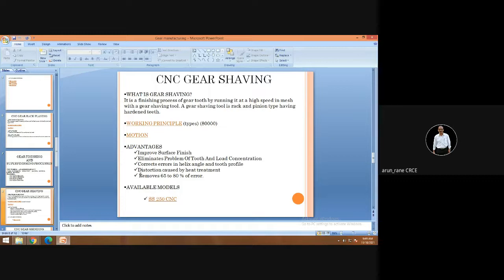It eliminates the problem of tooth and load correction. If there is any error in helix angle or tooth profile, that can be corrected.